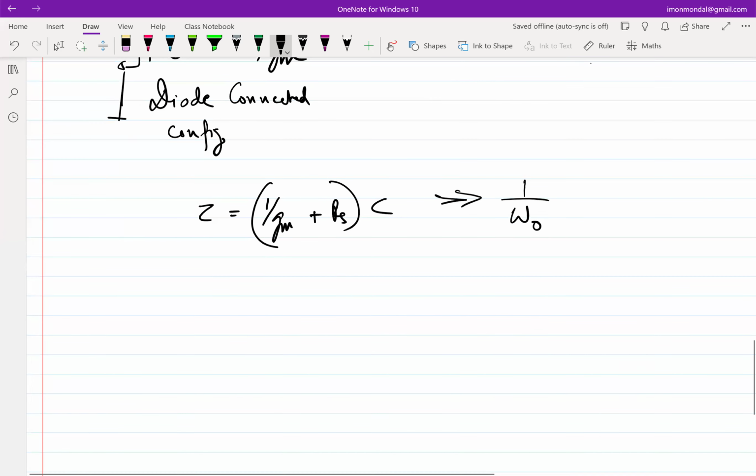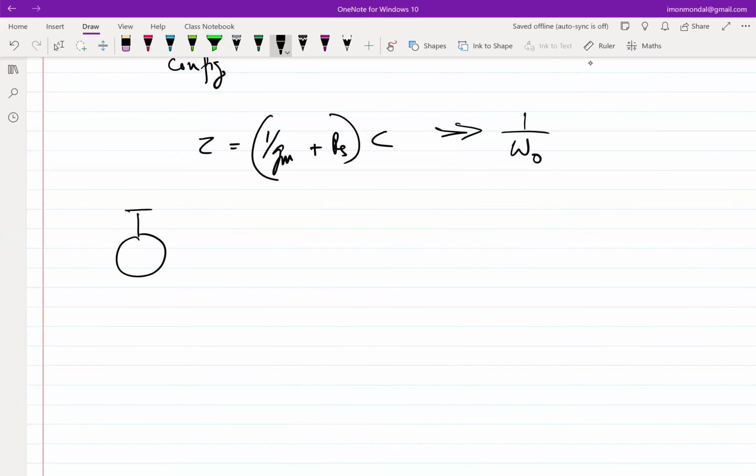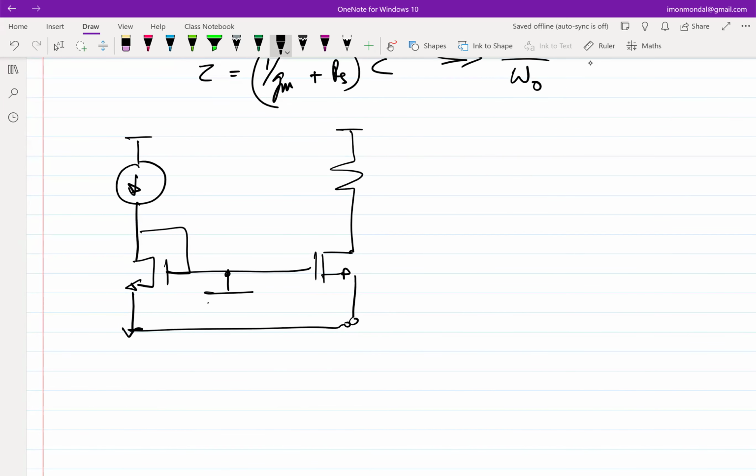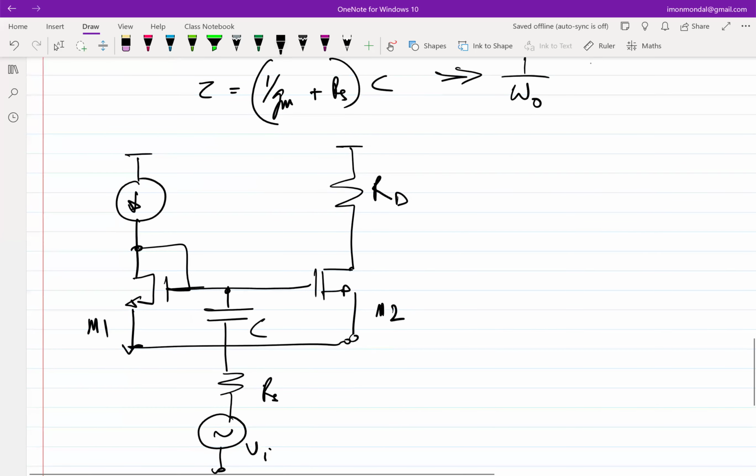Okay, let me redraw. As long as I can ensure that this condition is met, the capacitor will behave like a short circuit at a frequency of omega naught.